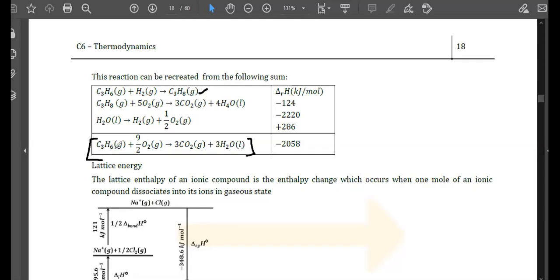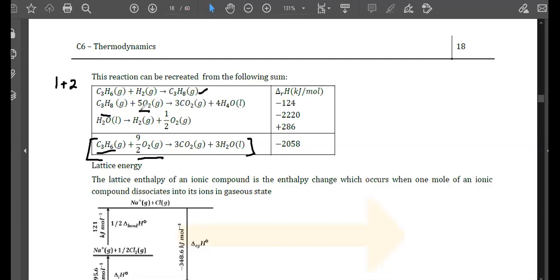C3H6 is your reactant, so you have to add 1, plus 9 by 2 O2. This is 5 O2 minus half O2. C3H8 is not here, so it will be 1 plus 2, because if you add 1 plus 2, C3H8 will be cancelled.